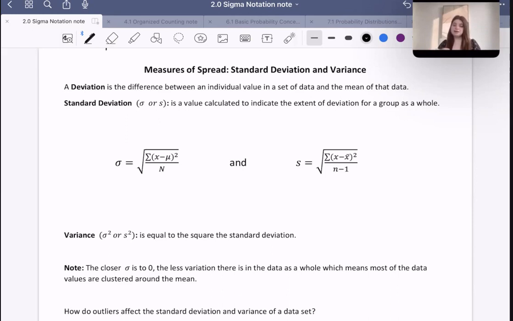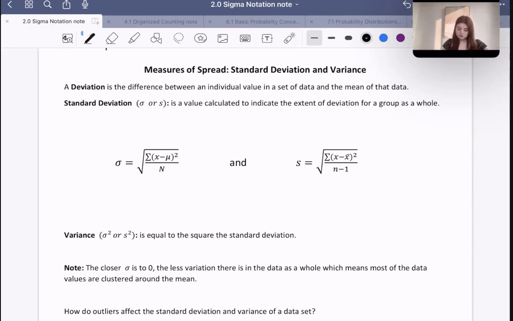And then after we've completed all that and found that number, divide it by n, which is the number of people in that population, and then take the square root. If we don't take the square root, then what we have is called the variance, not the standard deviation. So variance and standard deviation are related because the variance is just the standard deviation squared, or alternately, the standard deviation is just the square root of the variance, right?